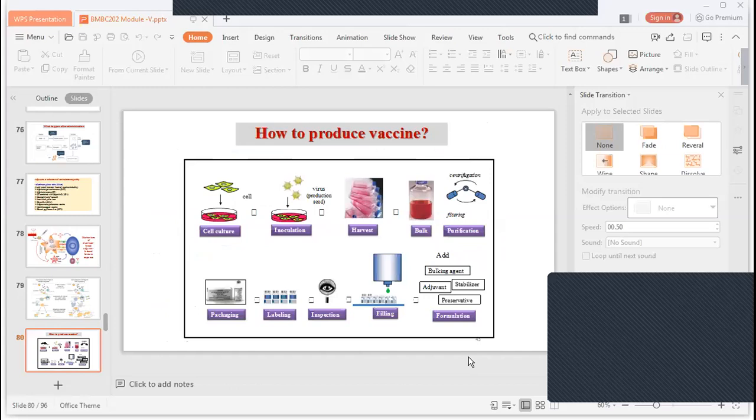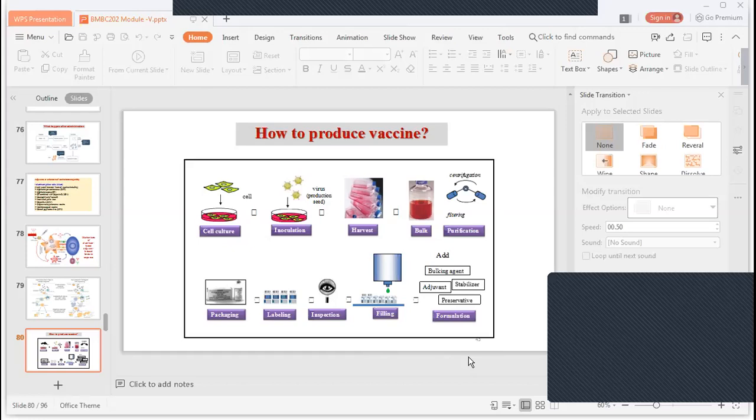Now, how to prepare a vaccine? Mostly vaccines are prepared in in vitro culture. If it is a virus, then we have to go for cell culture. Here I have given an example of virus vaccine production. First, the host cell is to be cultured in liquid media. The media may be DMEM or RPMI.